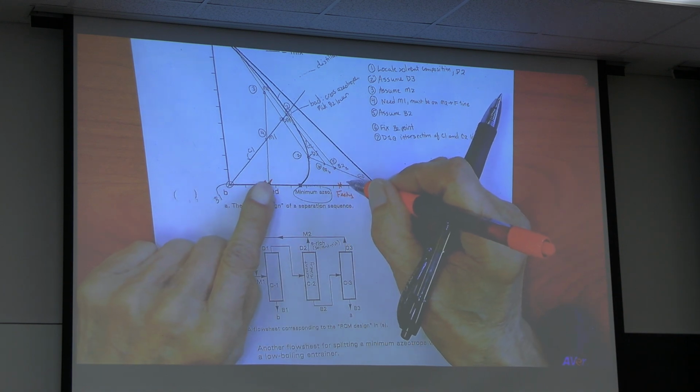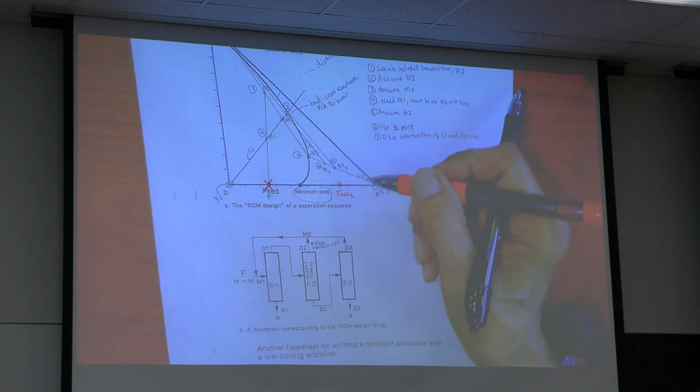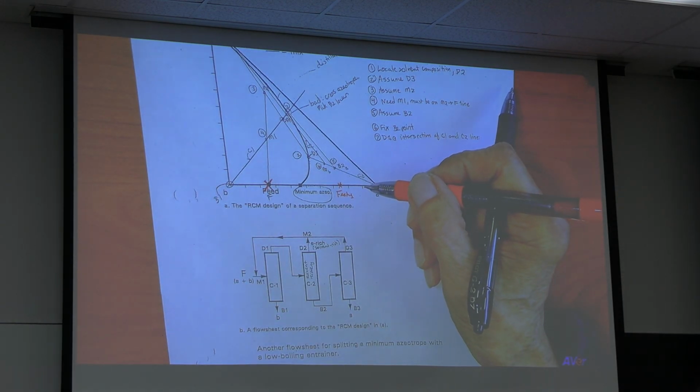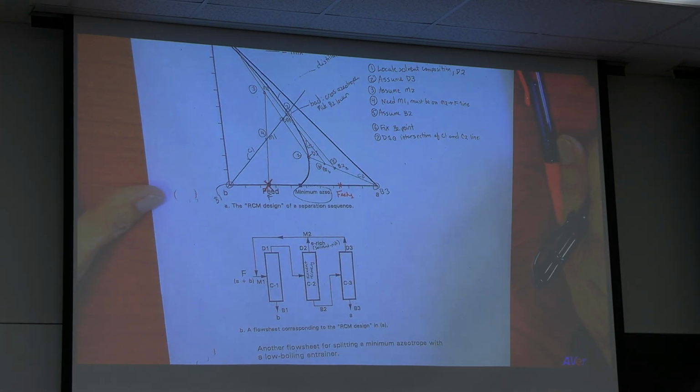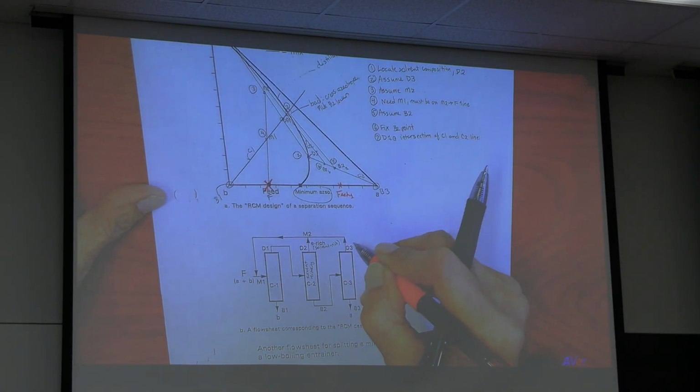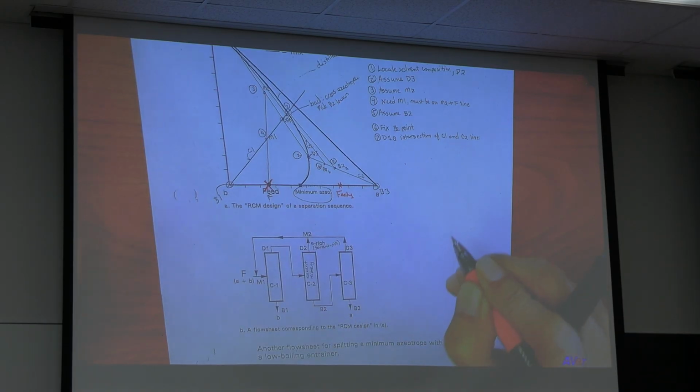Now, feed is here. How do I cross the distillation boundary to get our product? So, just a little slightly different.